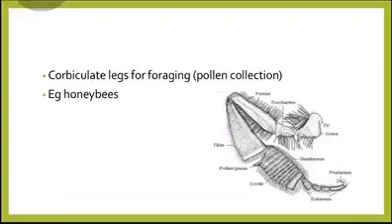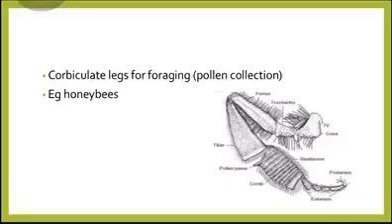Then these legs are moved across the mouth parts and the pollen grain is ingested. So we see that the nectar which was sucked by the honeybee is not the food of the honeybee, it is reprocessed in the crop to form the honey, and then it is regurgitated back and collected in the beehive.